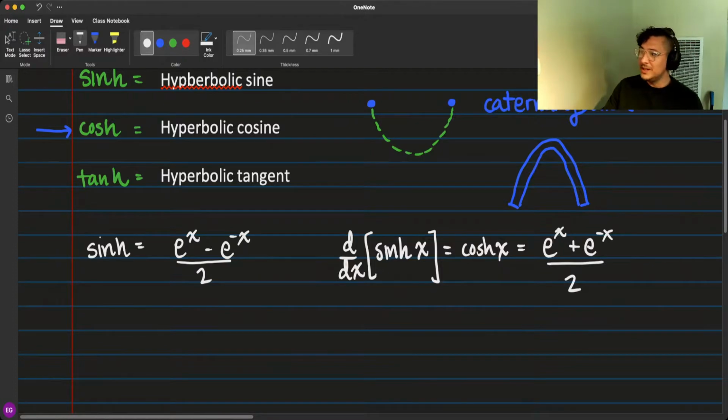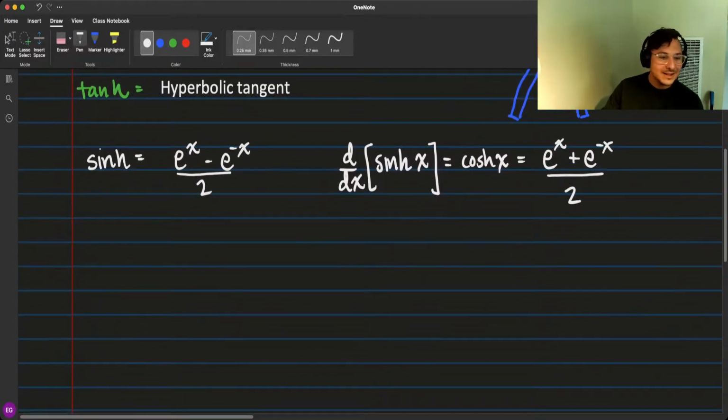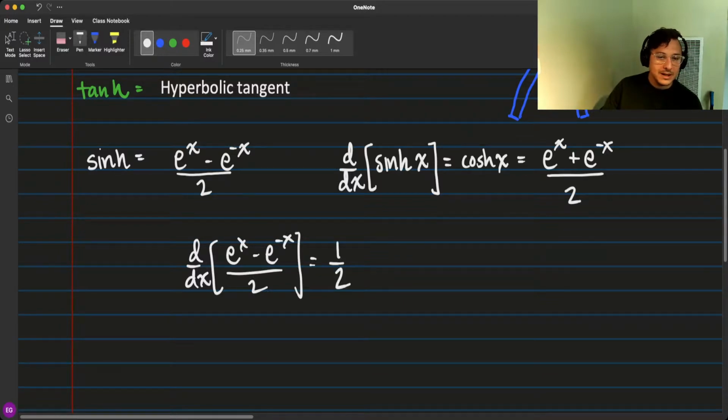We could take a moment to calculate it and you would see that this is exactly what happens. If you take the derivative of e to the x minus e to the minus x over 2, you can factor out the 2. Then you take the derivative of the difference of these two. What's the derivative of e to the x? Yeah, boom. And then you get minus.